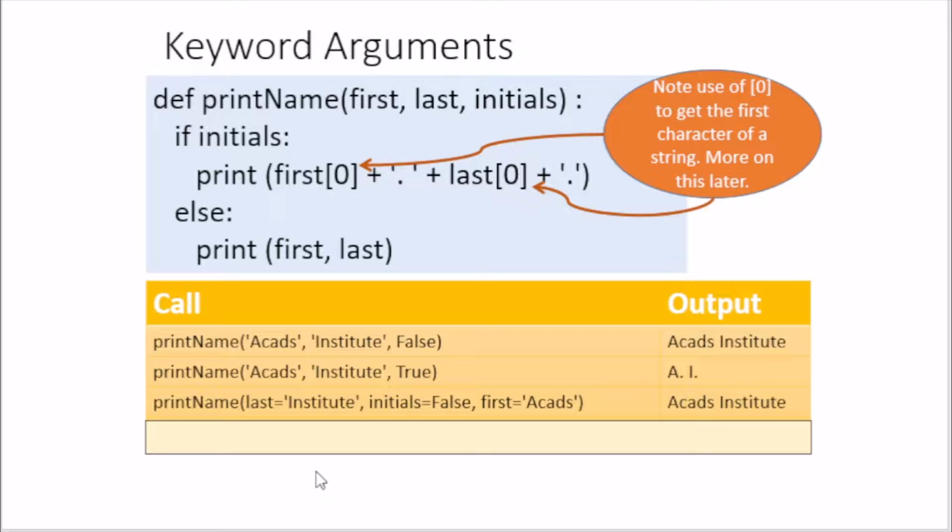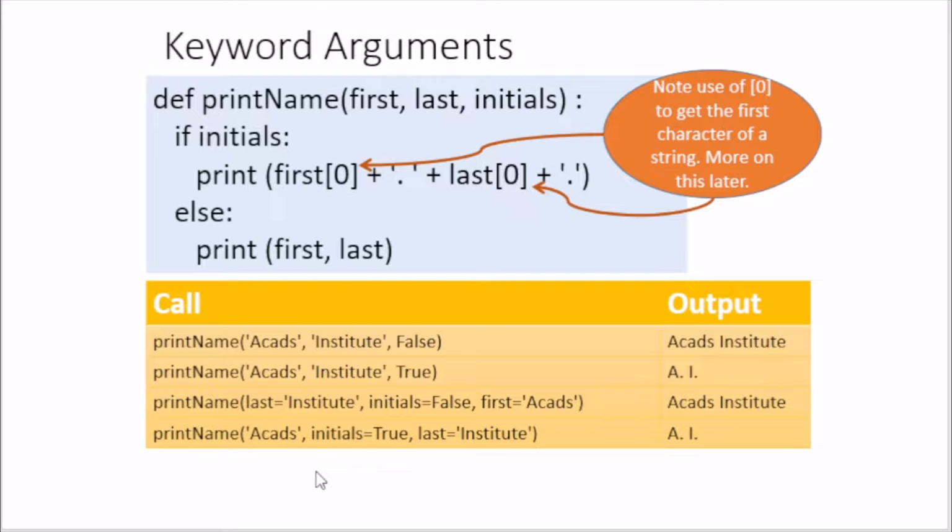So here you can see the order doesn't matter because we have specified the argument along with the value. So when we are specifying the argument with the value, we no need to follow the order. So in this case, as I have passed initial equals to false, I will get the output as ACADS institute.